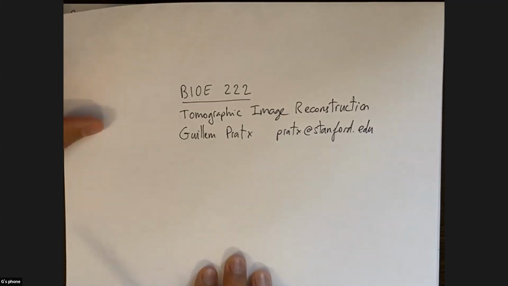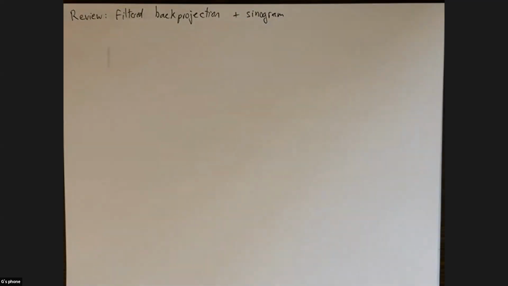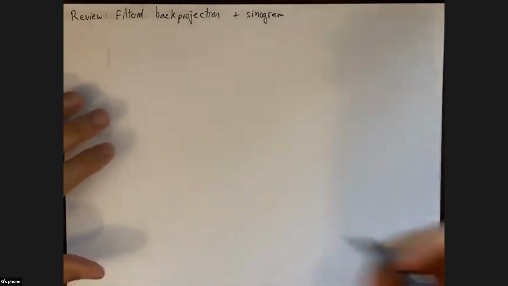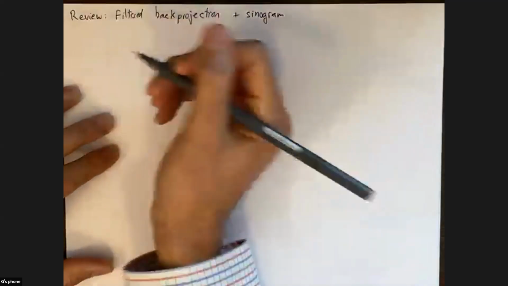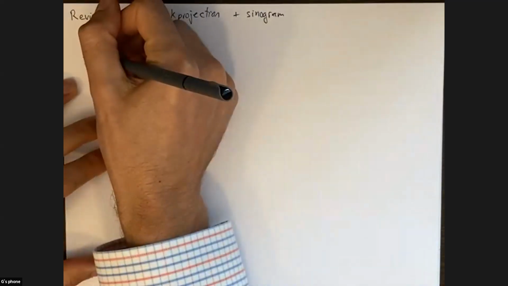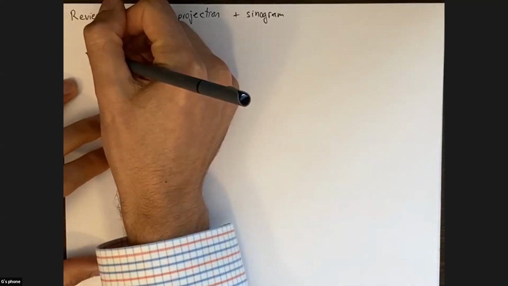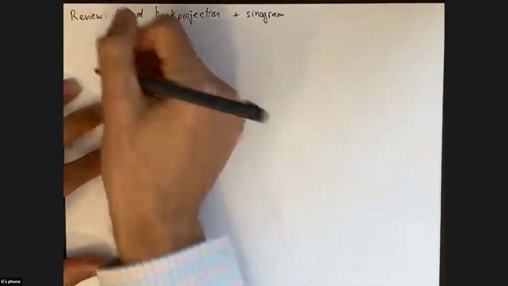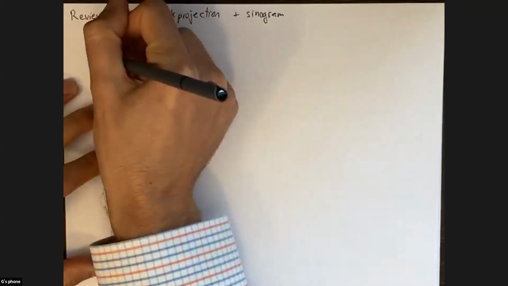To start, I just wanted to do a brief recap of the previous lecture, visually summarizing what we talked about. We're talking about imaging the distribution of radio tracers in the body in 3 dimensions, and we're trying to create cross sections of the tracer.